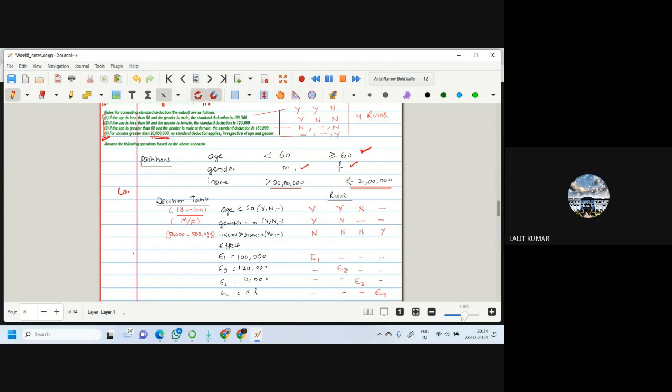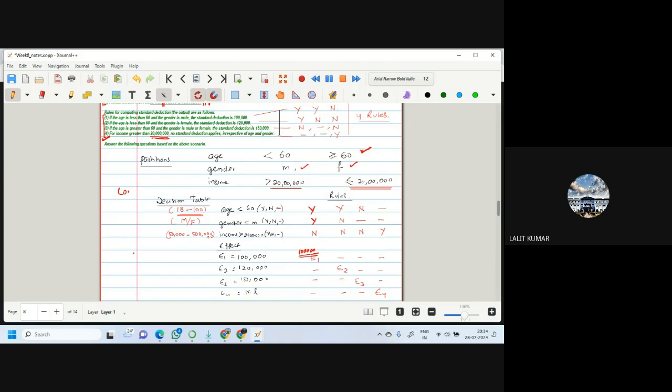So age is less than 60. Gender, okay, these are the conditions. Age is less than 60, yes, no, or it does not matter. So the first rule says if it is yes, gender is male, standard deduction is how much? Here is your standard deduction.